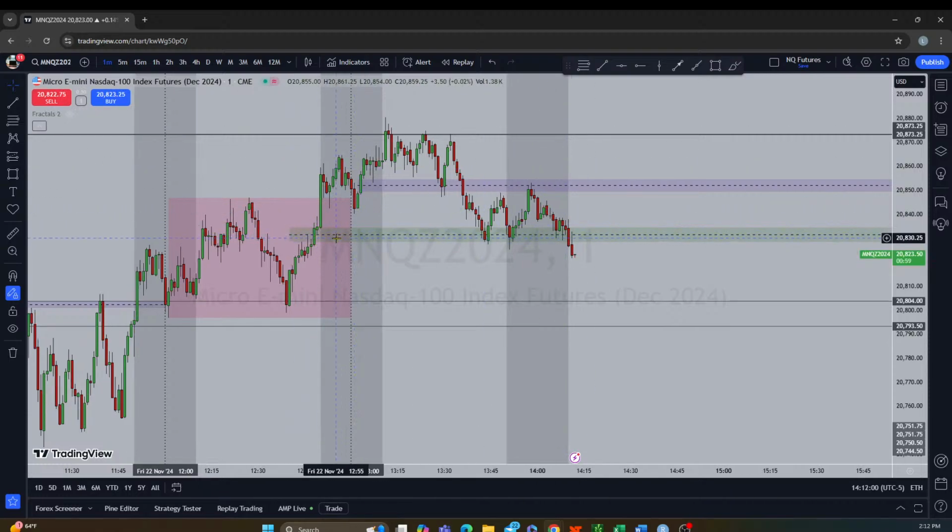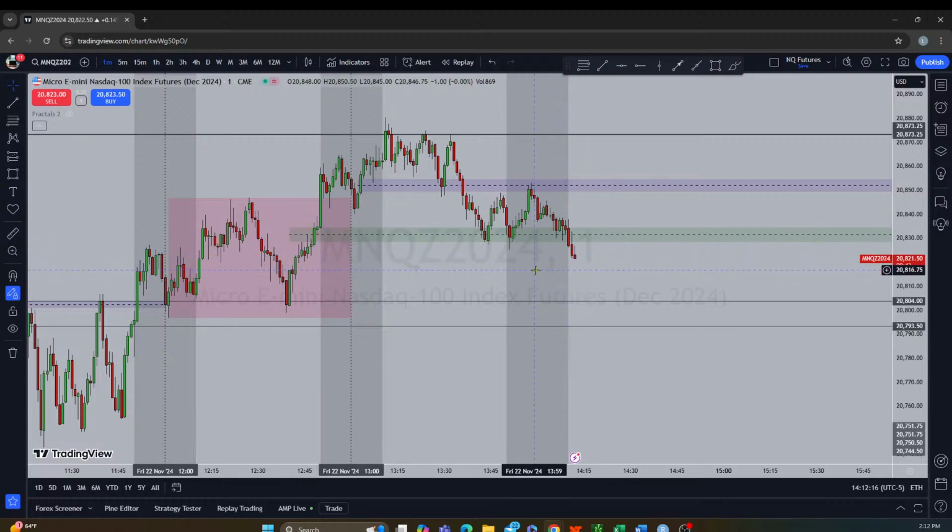So this just became an inverse fair value gap. This right here, this 5-minute fair value gap just became inversed.